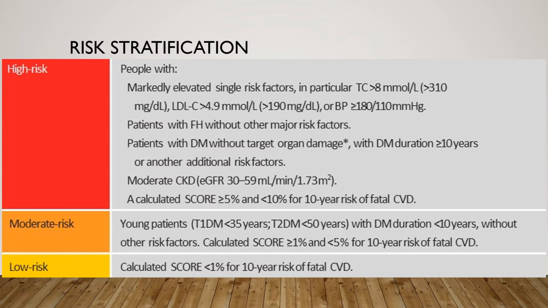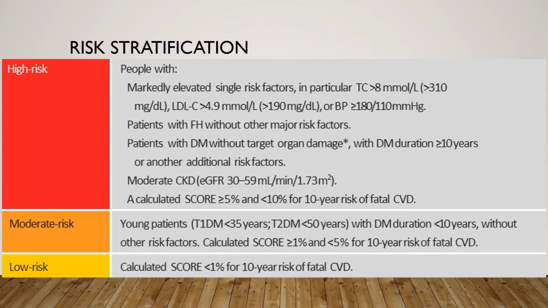Patients with diabetes mellitus without target organ damage, or with diabetes duration more than 10 years or another additional risk factor, moderate chronic kidney disease, or a score by the SCORE chart of more than 5% and less than 10% for 10-year risk of fatal cardiovascular disease. This is considered the high risk group.